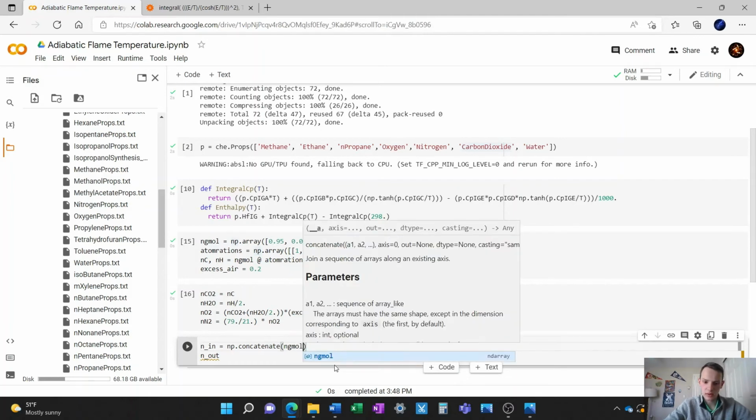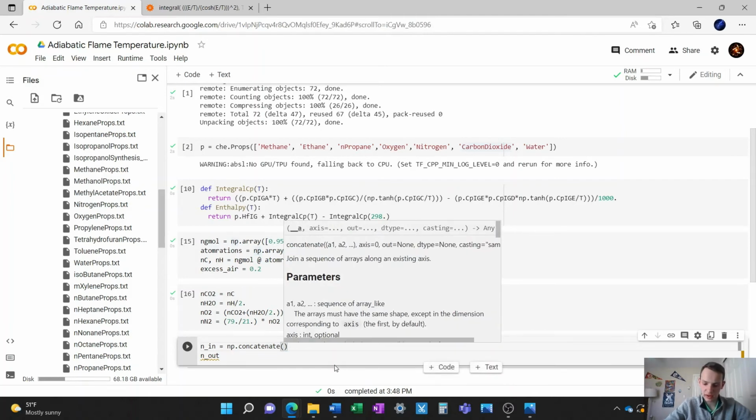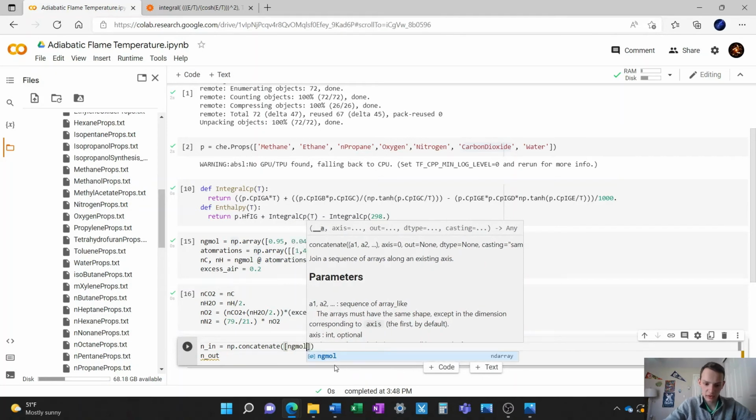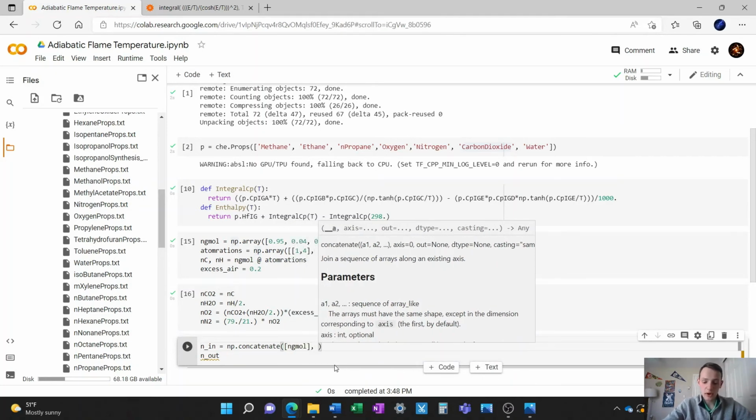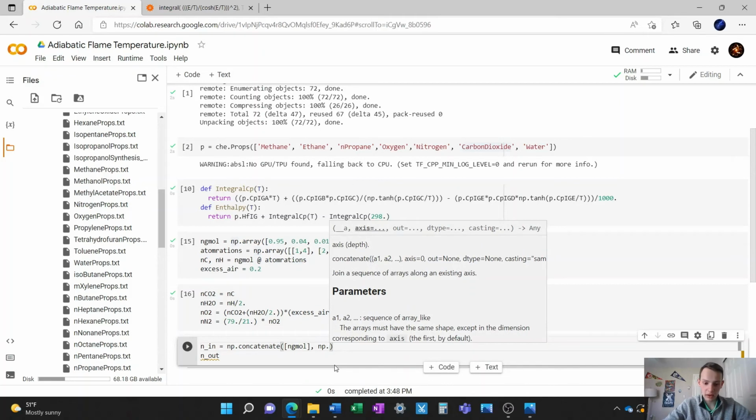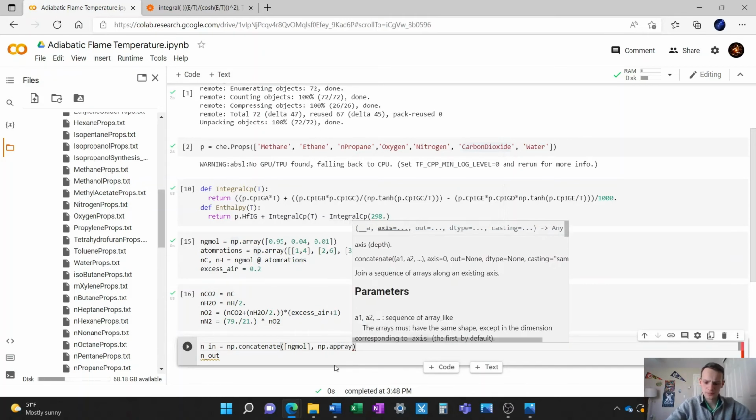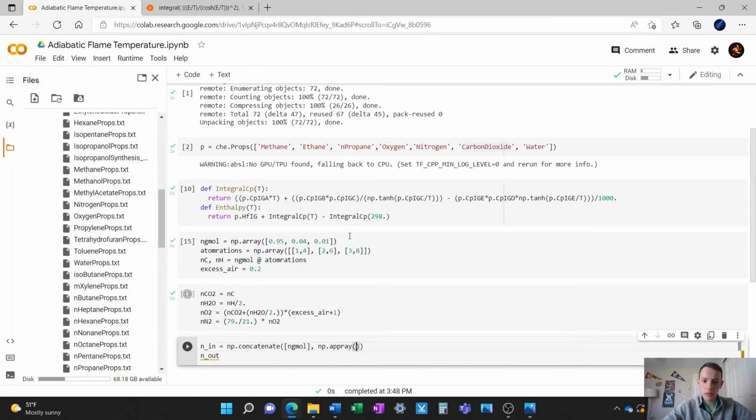And then, in fact, I think I need to put this in brackets. Okay. Comma. And then we're going to make another NumPy array. Okay, so what would this have? This will have it in proper order, right? 0.95, 0.04, 0.01, methane, ethane, and propane. So we're good there.